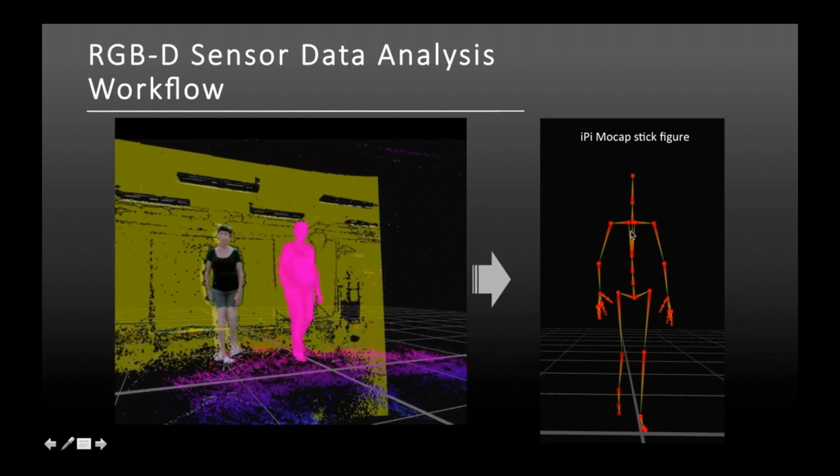And to the right-hand side, in iPi Soft, this is the skeleton for the 25 joints that we get out of the Kinect data we collected. So we get the trajectories of those landmarks by just walking in front of the Kinect, without, as I said, the need for any skin-attached markers or reflective markers.